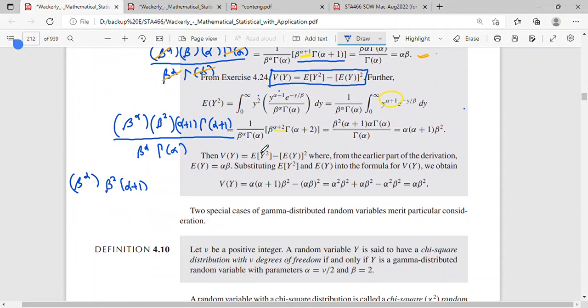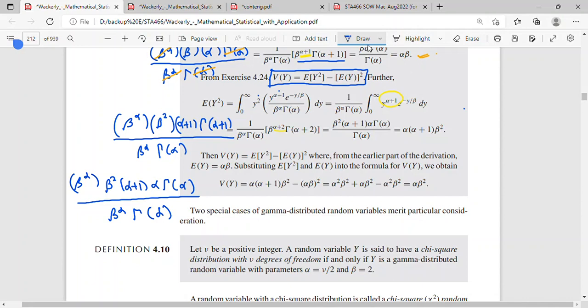Tadi alpha gamma alpha. Right. Divide dengan beta alpha gamma alpha.